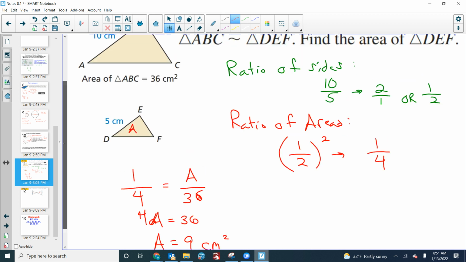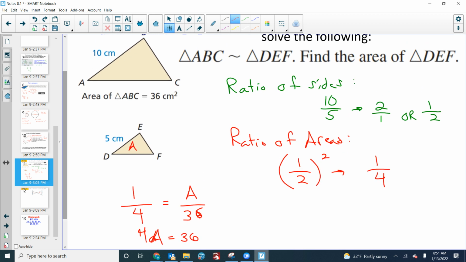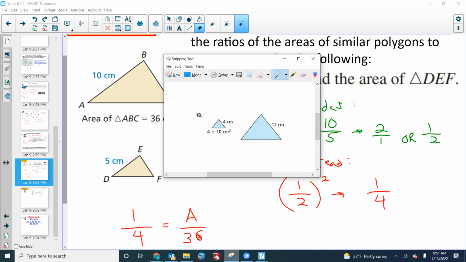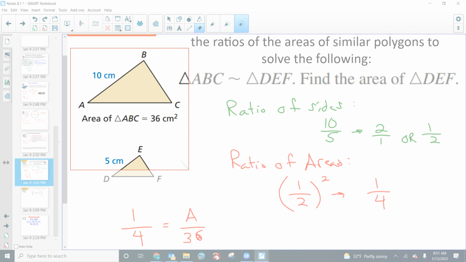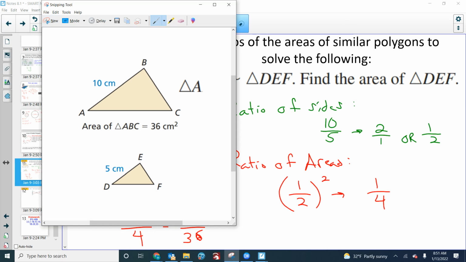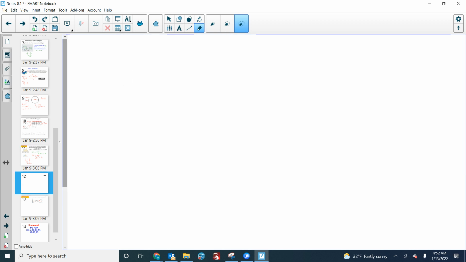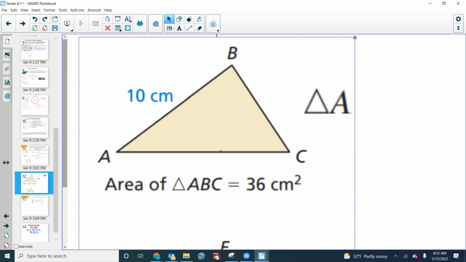All right, these numbers were too easy. I'm going to change it. Are you ready? Make a new problem. Then we'll move into the 8-2 notes.